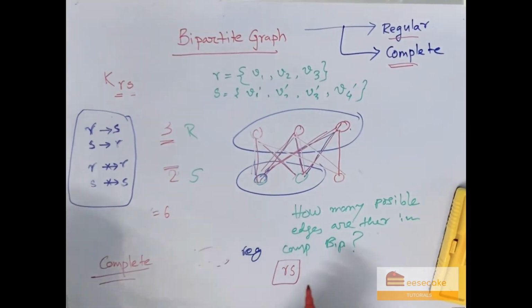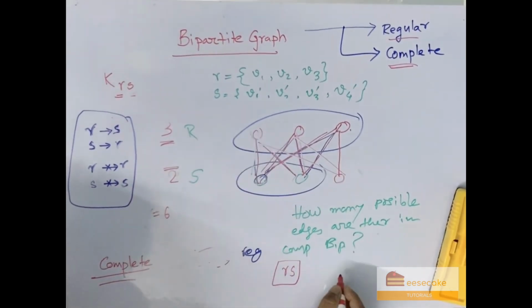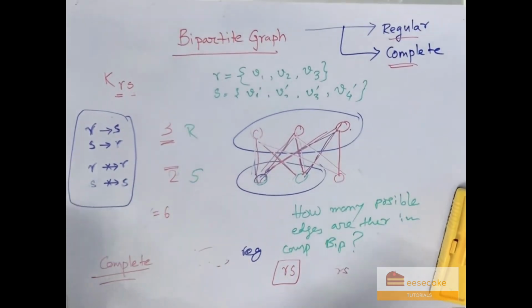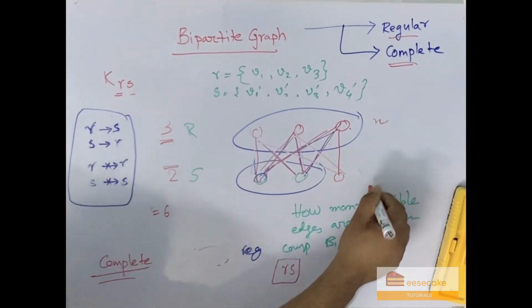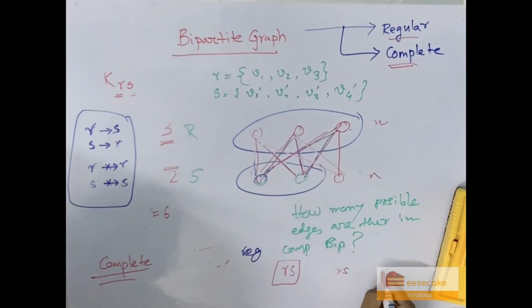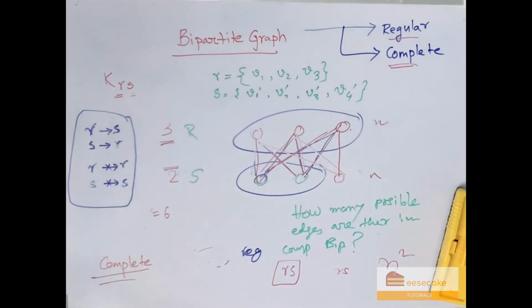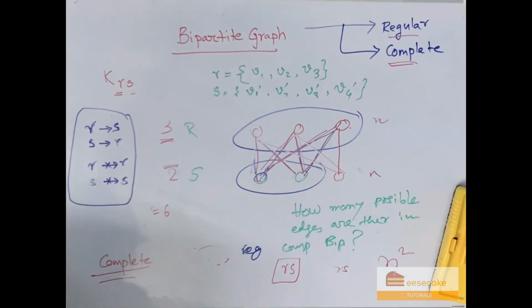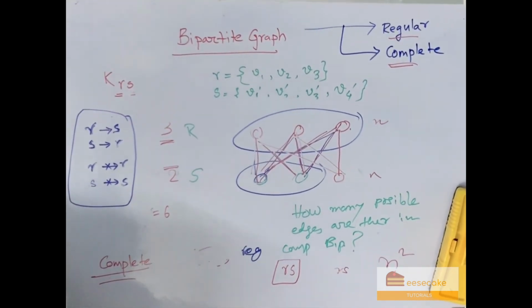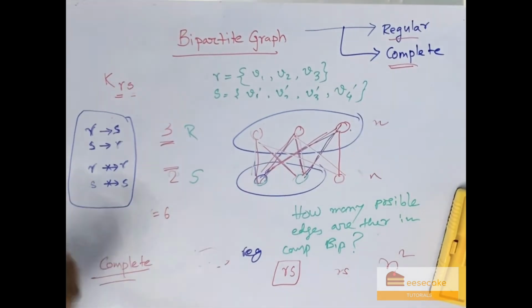In that case it is also |R| times |S|, but since the number is the same, if there are n vertices here, obviously there are n vertices in this set too, so it is n squared. So technically the multiplication.